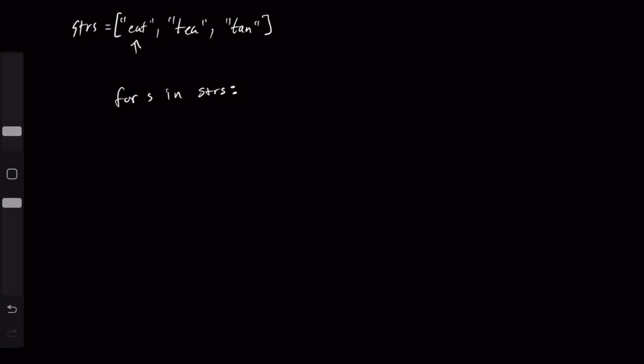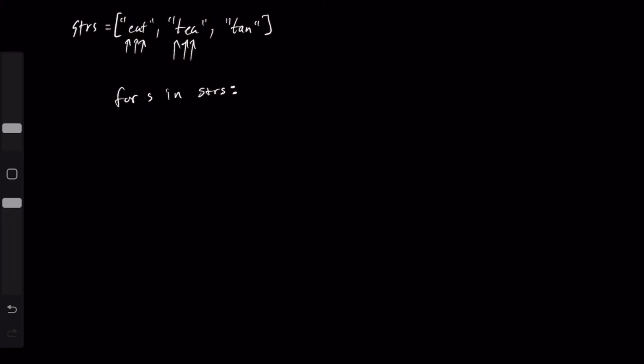We want to create a count for each character we see inside of eat. That's how we check if two words are anagrams. We grab E, A, and T, and then eventually we check if another word has E, A, and T, which it does, so it's an anagram.